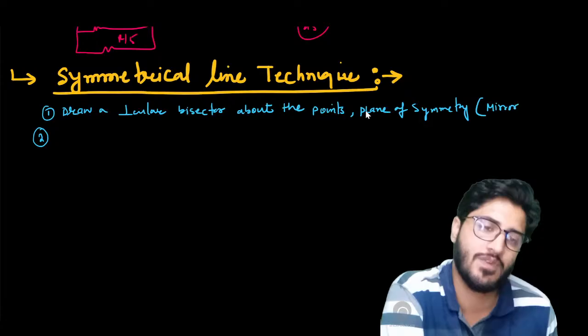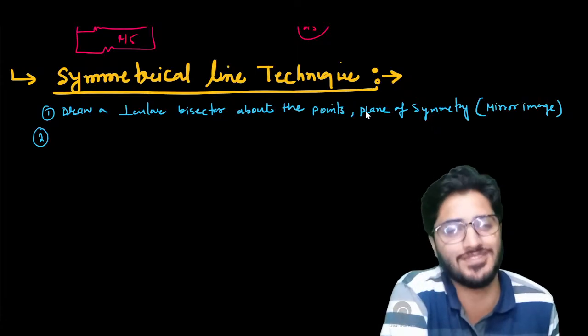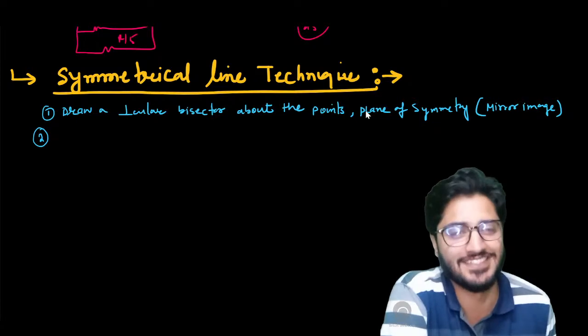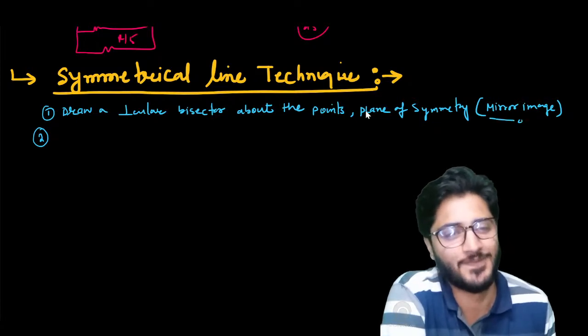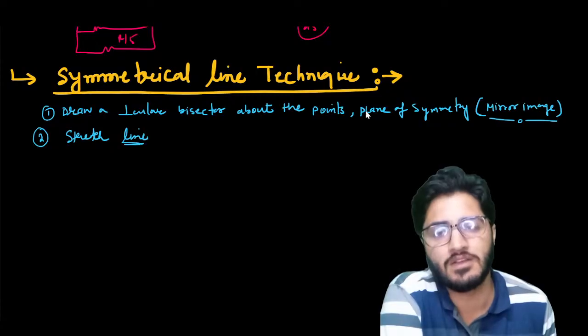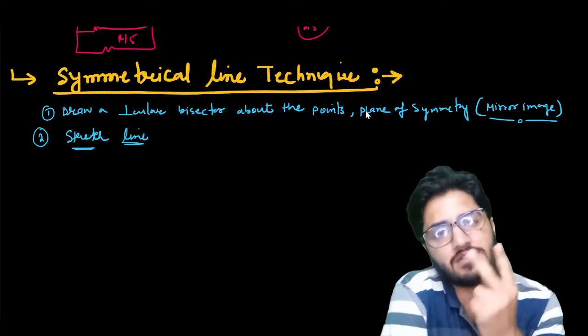From your organic chemistry, you may have an idea what mirror image is about, chirality. Second, we need to stretch the line. So the symmetrical line technique comprises two steps.